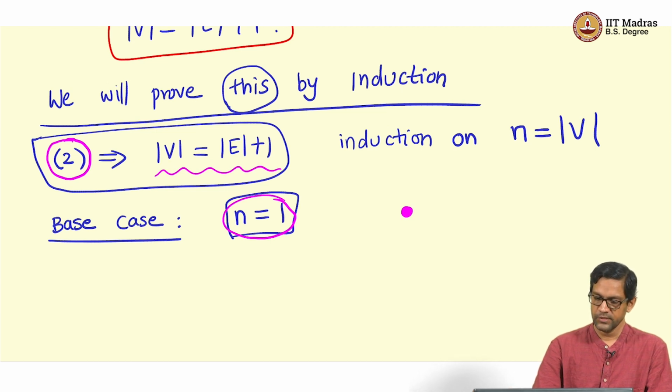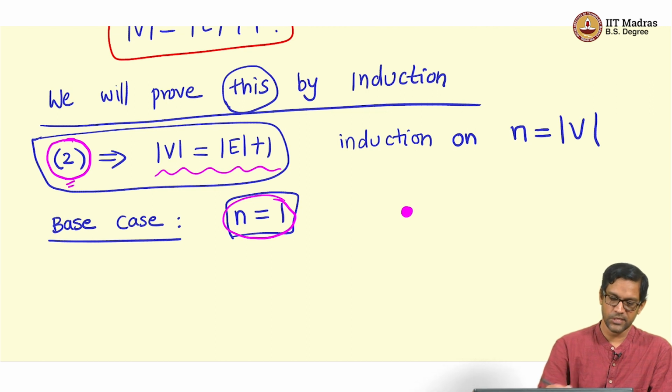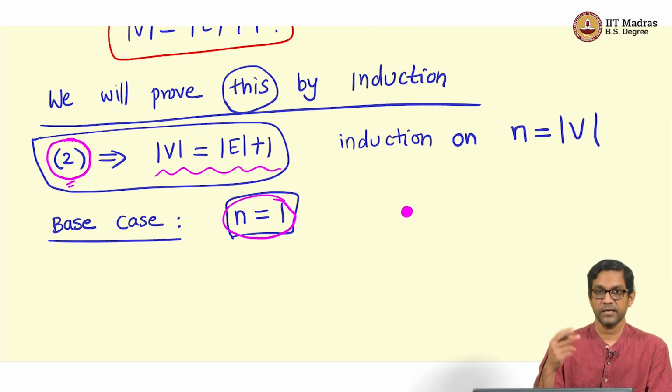Okay. And in this graph, well, firstly, does this graph satisfy this hypothesis 2? It says given any 2 points there is a unique path between them, but here there are no 2 points even that you can take. So it just satisfies the hypothesis 2 vacuously, as we call it. You do not really even need to check the hypothesis.